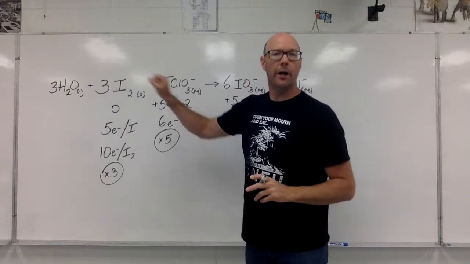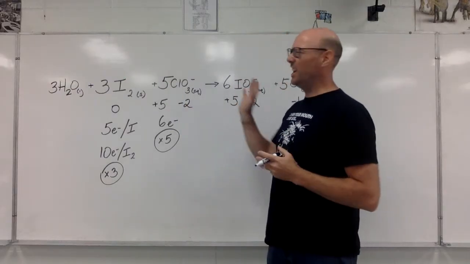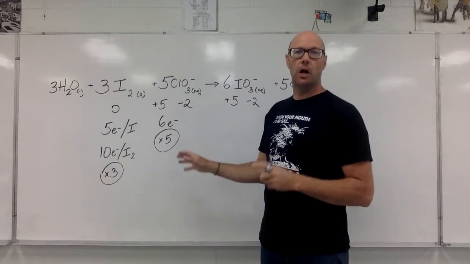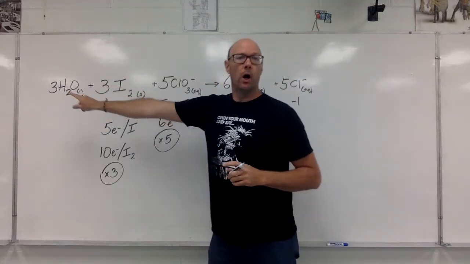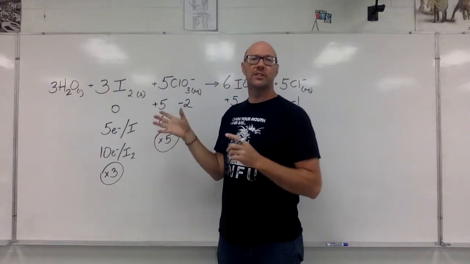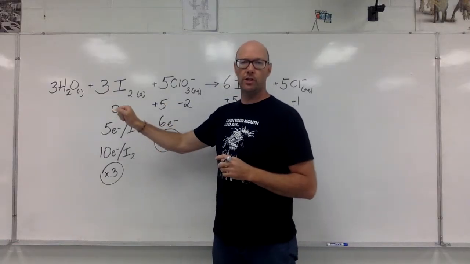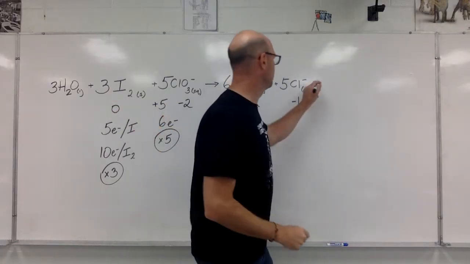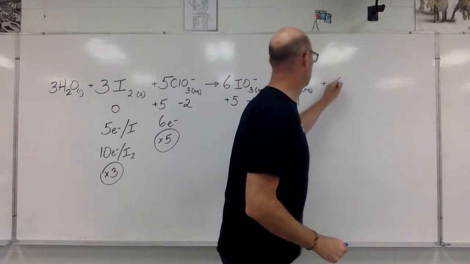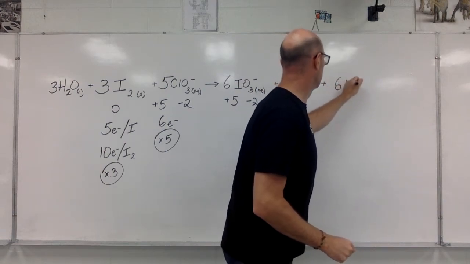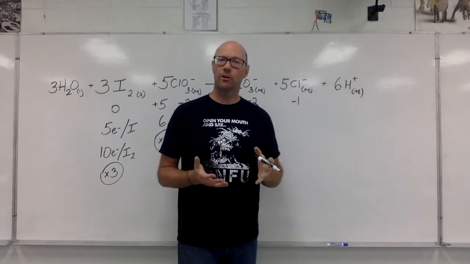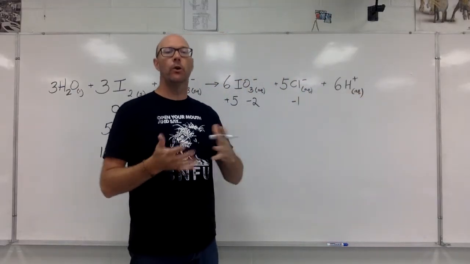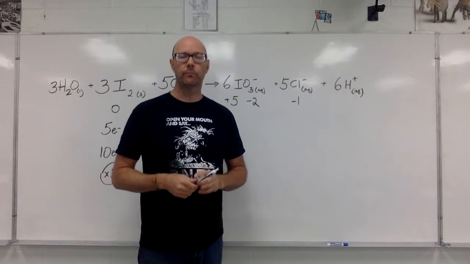I introduced water here where it was needed, on the left-hand side to balance the oxygen. But by doing so, I also brought in 6 hydrogens to the equation. And to balance them, I add hydrogen ions where I need to in order to have things balance.